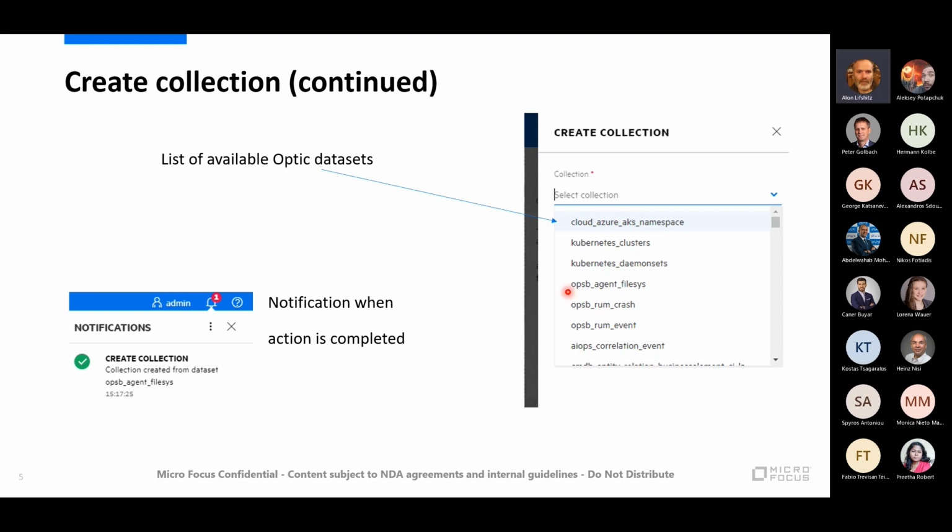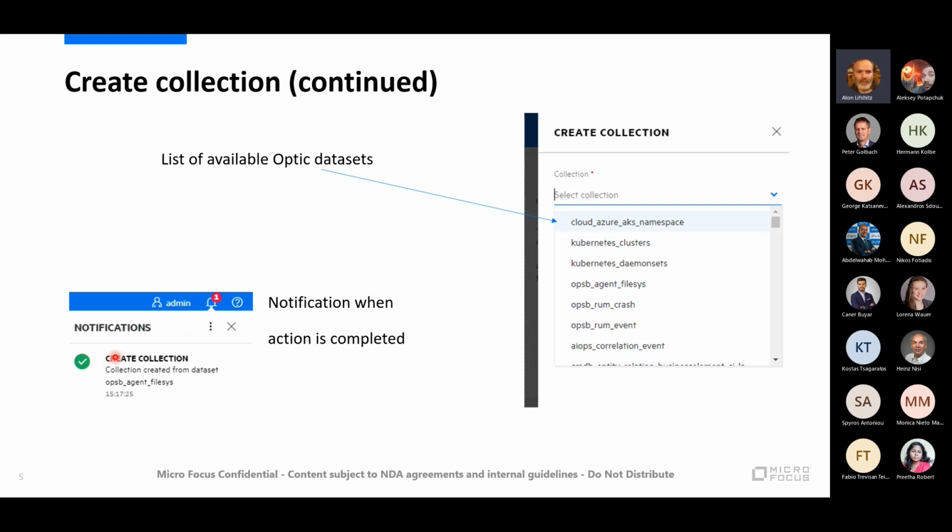Now you choose, for example, the RAM crash table collection, and you can click create and then you start editing it. When you create a collection, you will see a notification, collection created. If it's green, it's okay.